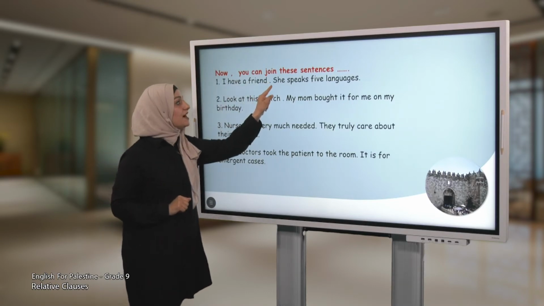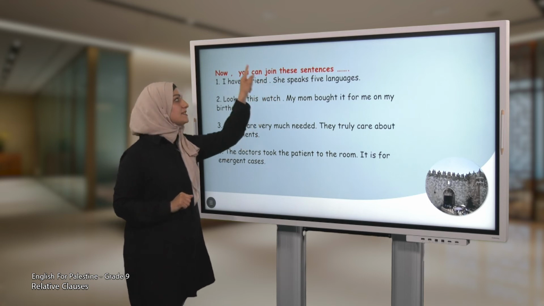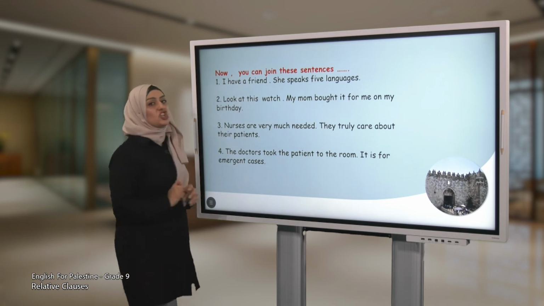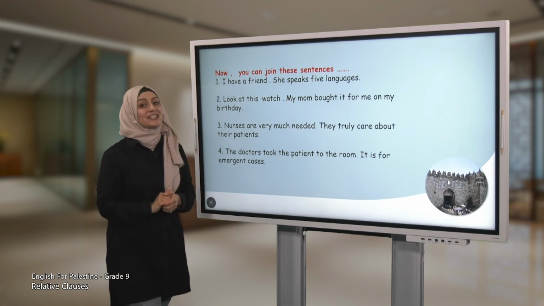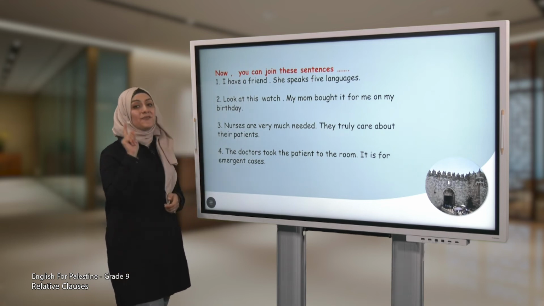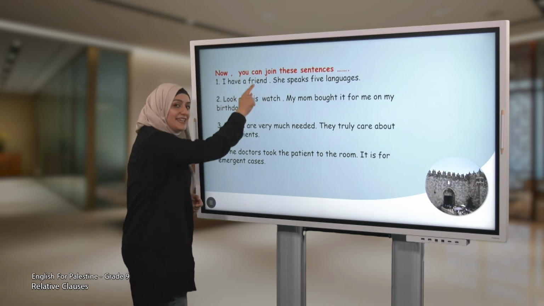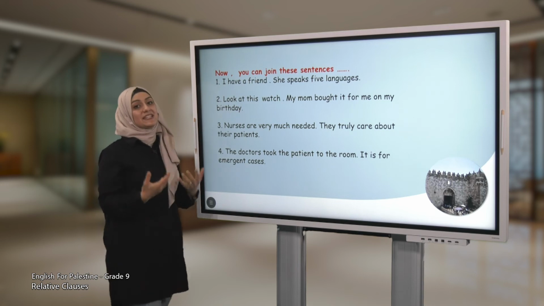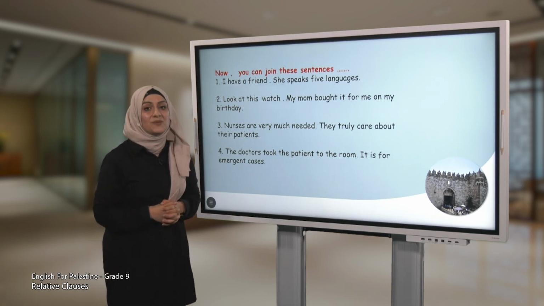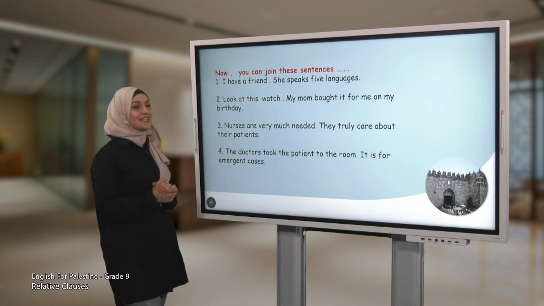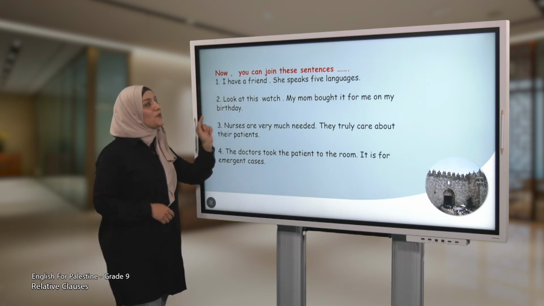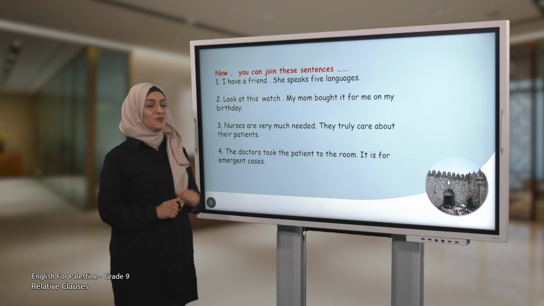First, we identify the pronoun in the second sentence that refers to the first sentence, and that is "she". "She" here is a subject pronoun. The first thing that we do is delete "she", and we also delete the full stop. Instead, we put the relative pronoun "who". So the sentence becomes, I have a friend who speaks 5 languages.